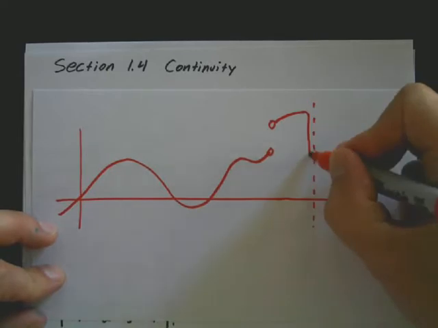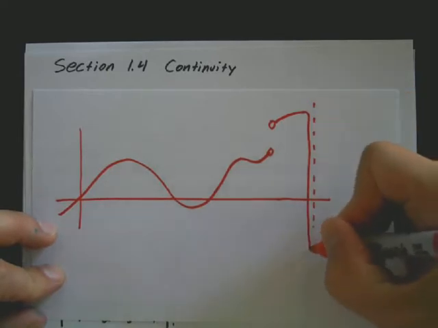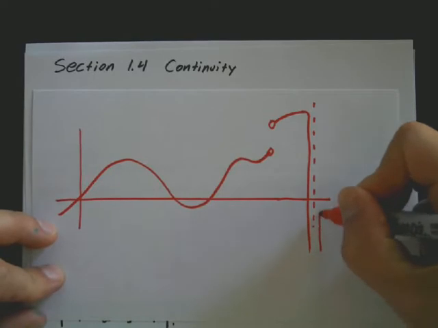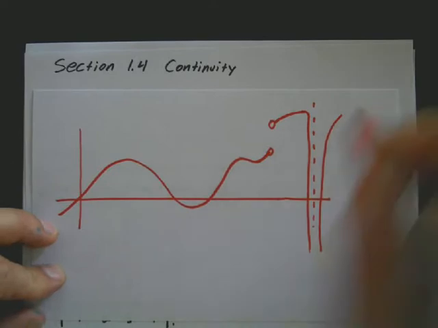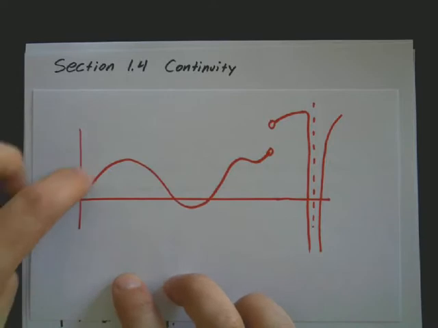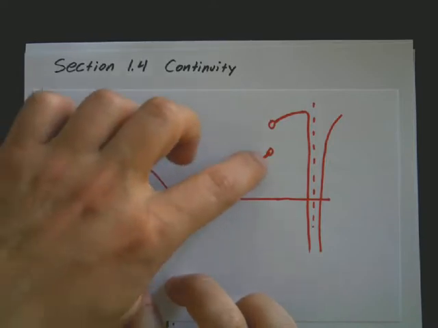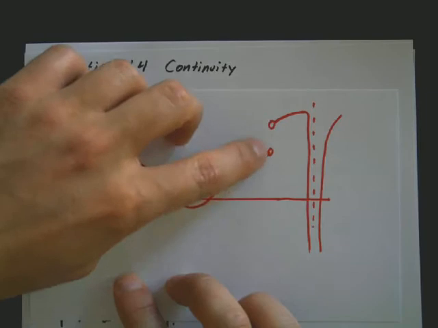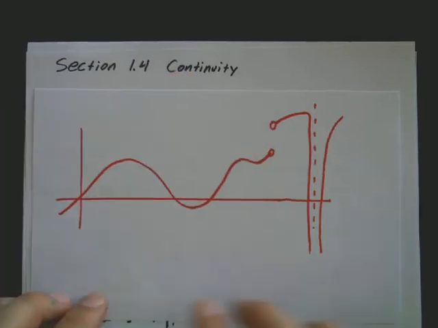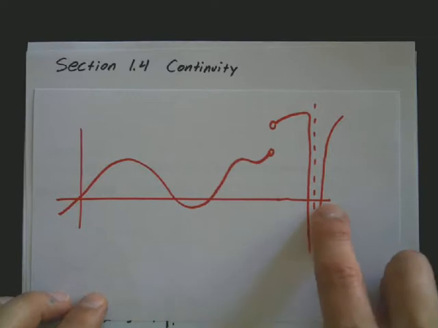In order to cross this and continue my graph, I have to lift up my marker, or my pencil or my pen, and it's no longer going to be continuous there. So if you can draw or sketch this in a smooth, continuous way, the function is continuous. As soon as you have to lift up your marker or your pen, it's no longer going to be continuous at this point, and also at the vertical asymptote.